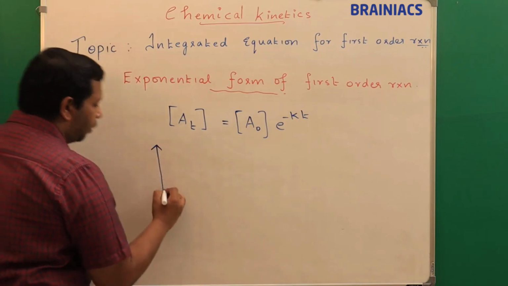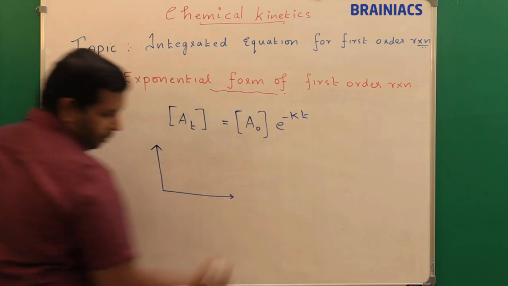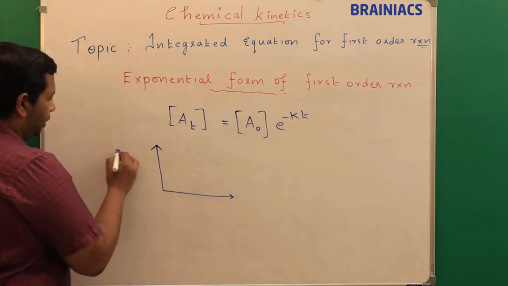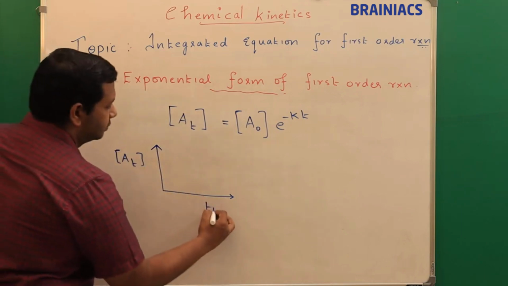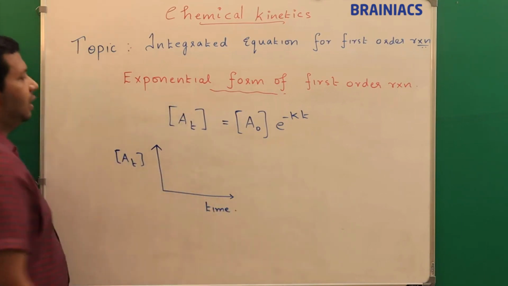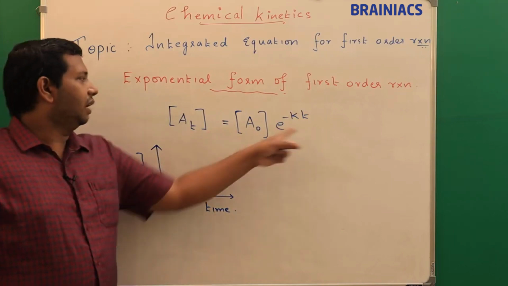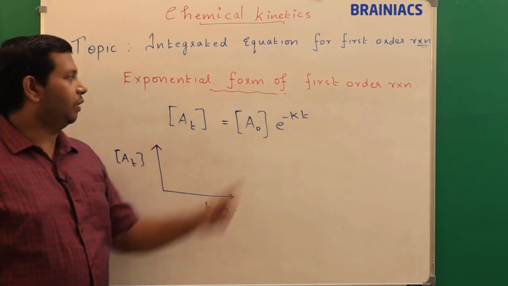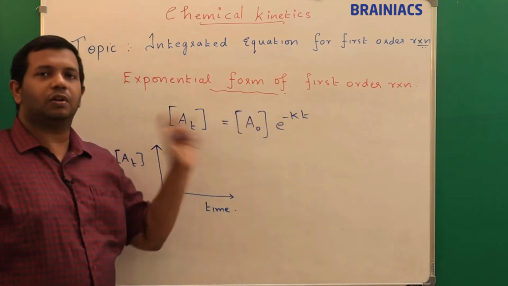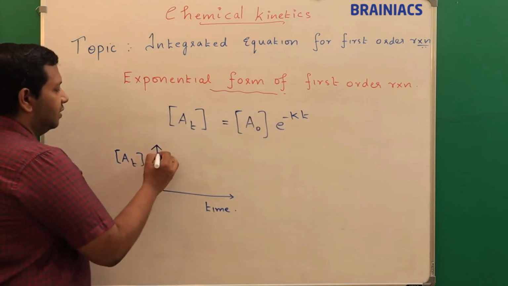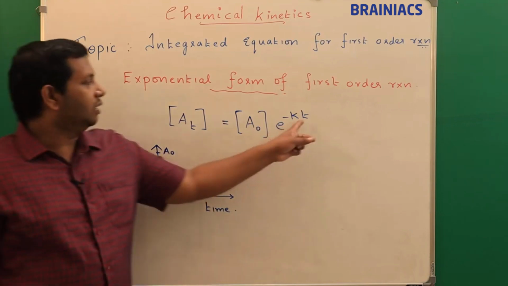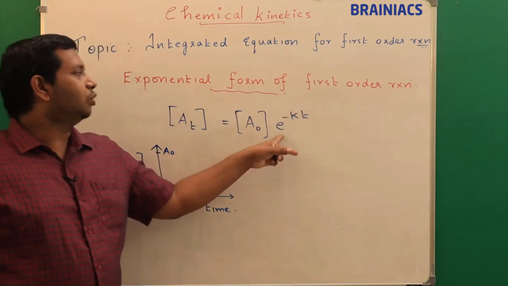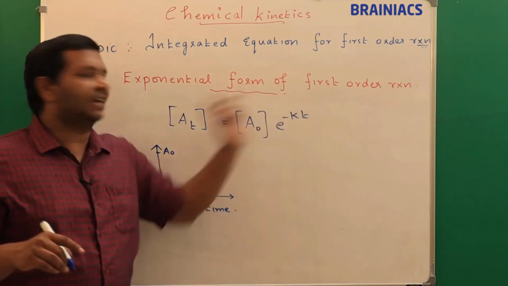So if I draw a graph between A of t versus time. Now tell me what I can do. I can put initially time t is equal to 0. When it becomes 0, you will get A of 0 as the initial value. So let me say this is my A of 0. Now I am putting time t is equal to 1. Then it should be multiplied by e raised to minus k. Correct?